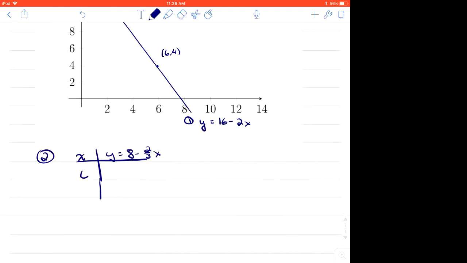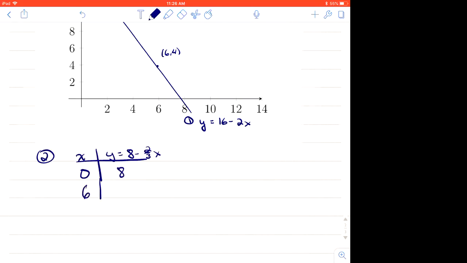Again, we like x is 0. X is 0, y is 8. And then I'm going to pick a value of x that's divisible by 3 just because that makes my life easier. Right? You can pick any value, but I'm going to let x be, sure, let's let it be 6 again.